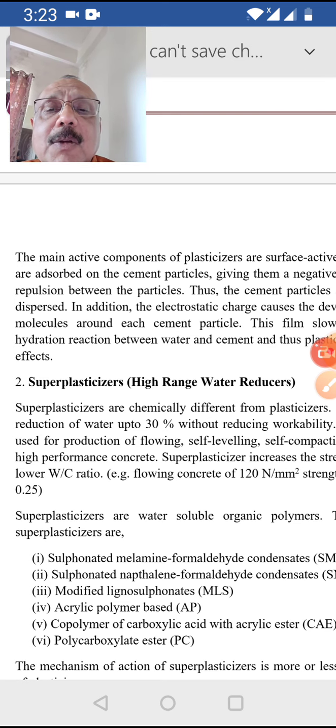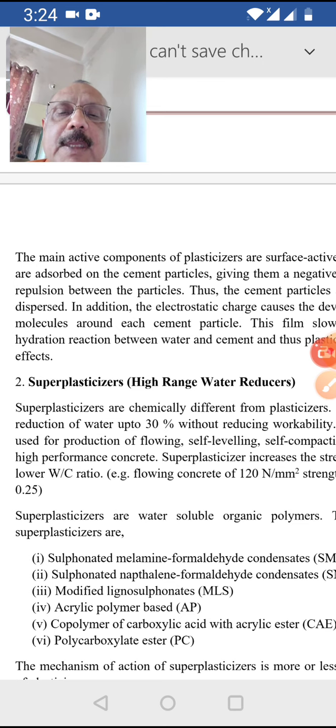Secondly, superplasticizers, which are also called high range water reducing agents or reducers. By using plasticizer, we can reduce up to 10 to 15% water from the design mix. But here, if you are using super plasticizer, you can reduce up to 30% of water without affecting the workability, which is generally used for production of flowing, self leveling, self compacting, and high performance concrete.